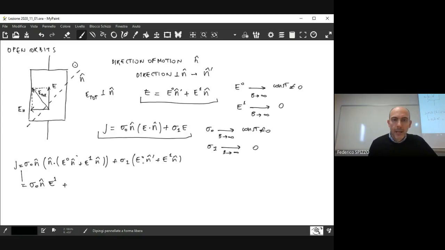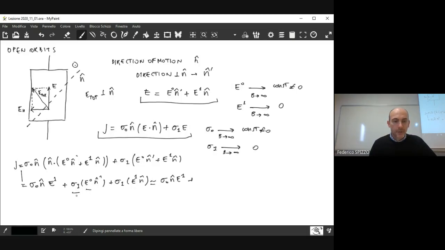Then we have sigma 1 times E0 n prime. So sigma 1 applied to E0 n prime plus sigma 1 applied to E1 n. This can be approximated to sigma 0 and E1 plus, if you notice here, we have sigma 1 and E0.